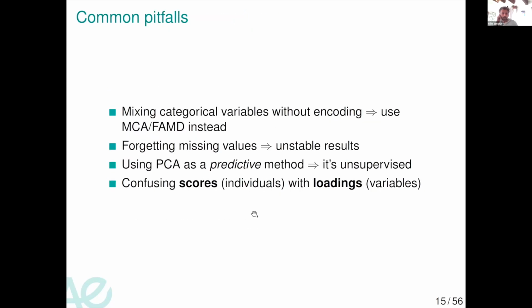So there are some common pitfalls with principal component analysis. For example, if you have some categorical variables, the basic principal component analysis can't deal with them. So you need to apply an encoding to your variable or use an adaptation of principal component analysis, namely MCA or FAMD instead. If you forget the missing values, you could have some unstable results.